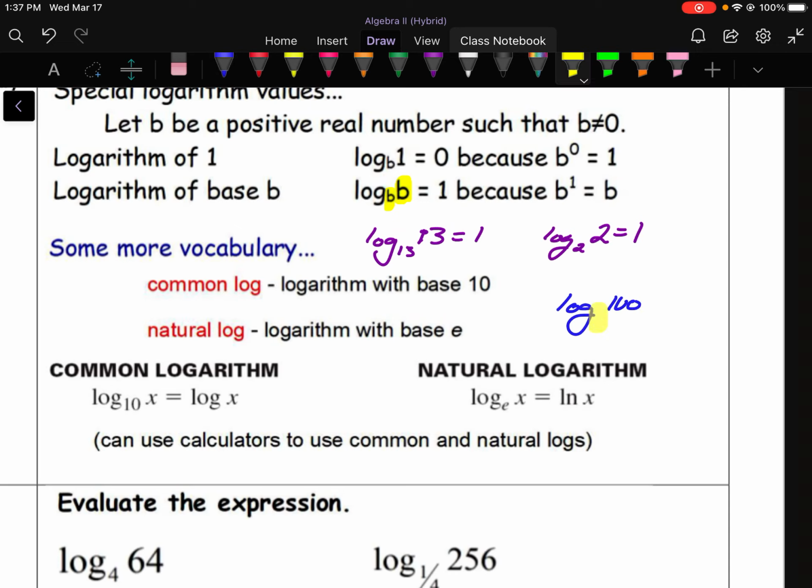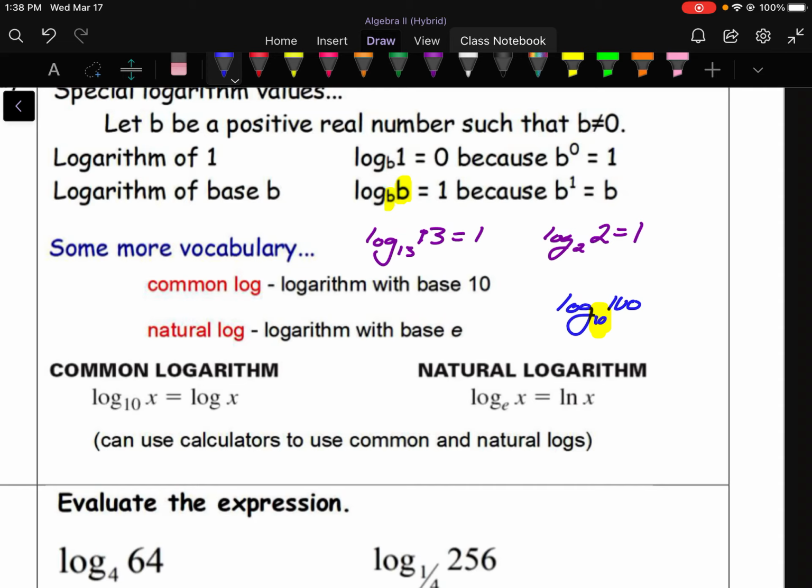You don't see a base down there in that highlighted area. Anytime you don't see that base, it's always assumed to be 10. That's a common log. Same thing on your calculator. If you see the word log without a base, it is always assuming it's base 10.